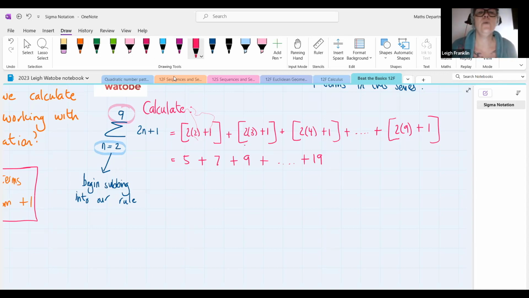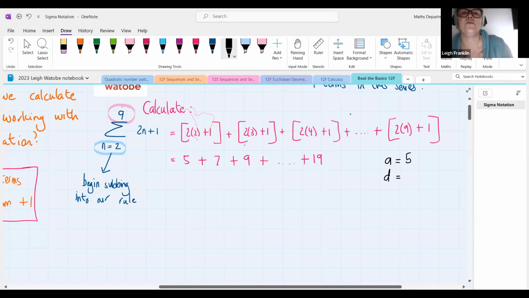After you have subbed in, you need to write down the value of A and the value of D. The value of A is 5, the first term of this pattern. And D is 2. There is a constant difference.